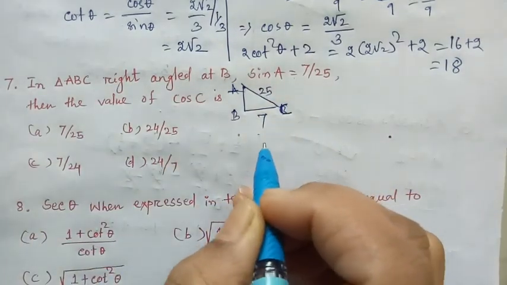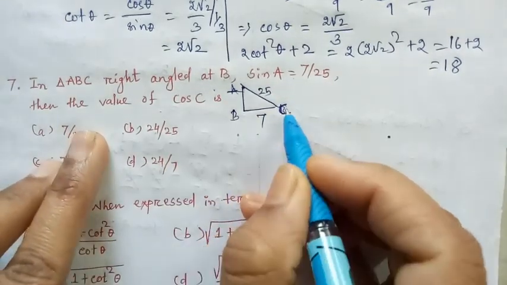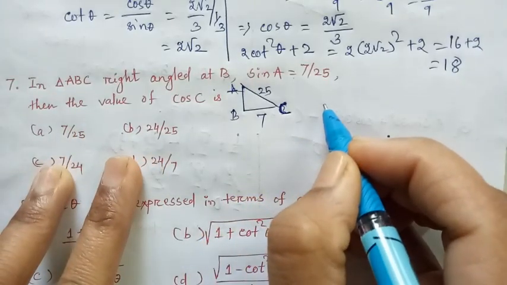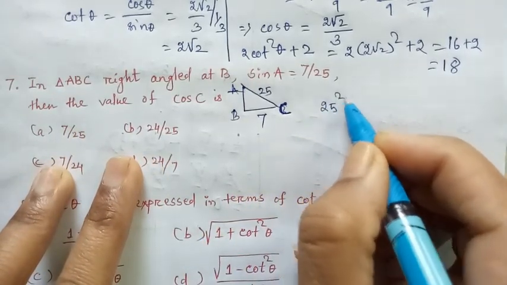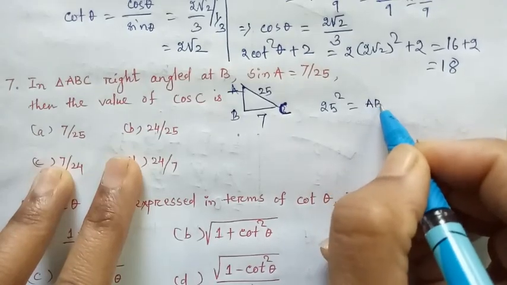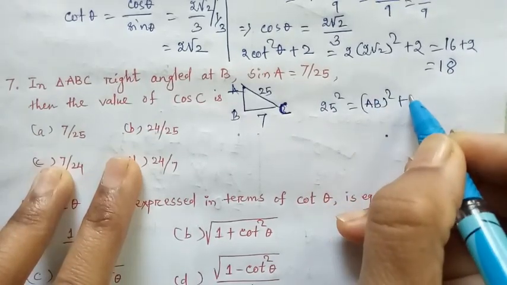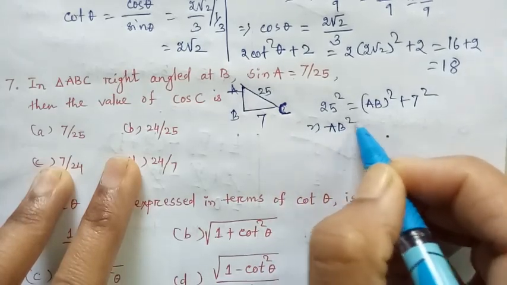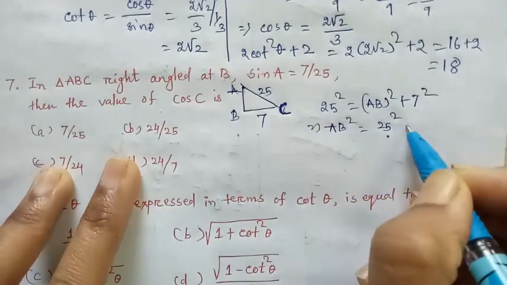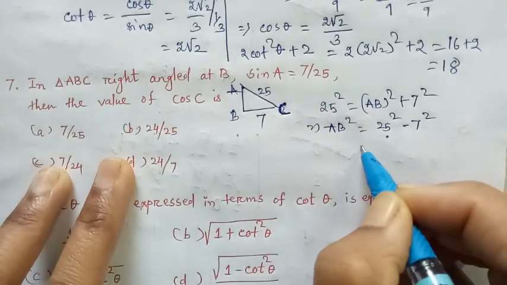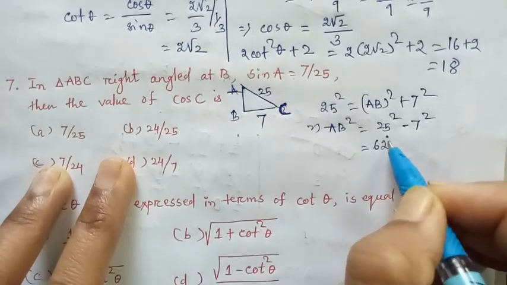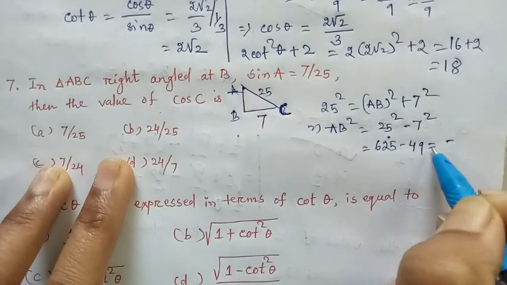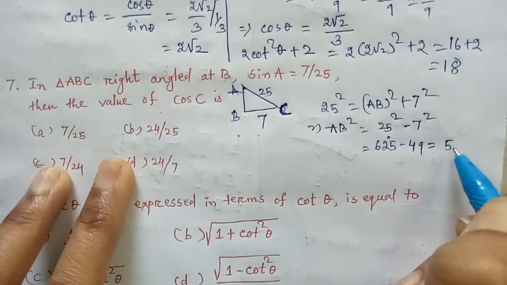Okay, we have to find out cos of C. So apply Pythagoras theorem. That is AC square, that is 25 square, is equal to AB square plus 7 square. That implies AB square is equal to 25 square minus 7 square, which is 625 minus 49, that is 576.